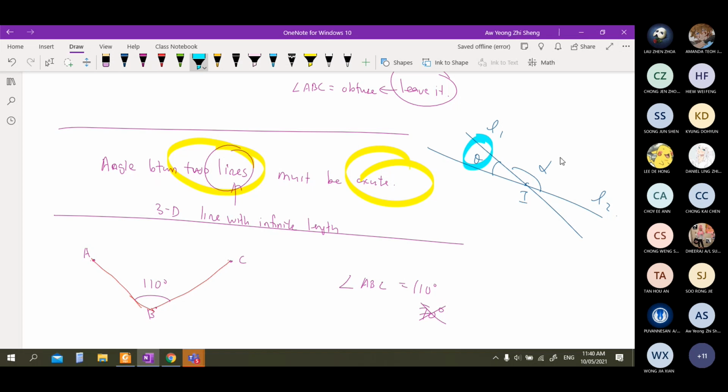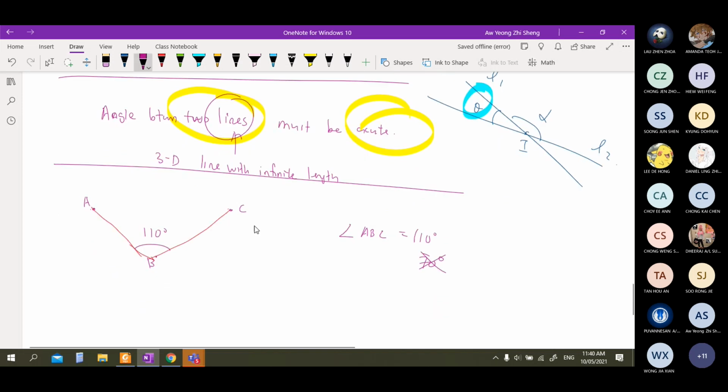Since there are two valid answers, we take the smaller one, and people have standardized this. However, when you have fixed points A, B, C, there is no ambiguity about which angle to take. Angle ABC has only one answer, no second possibility. That's why you don't have to force it to be acute.